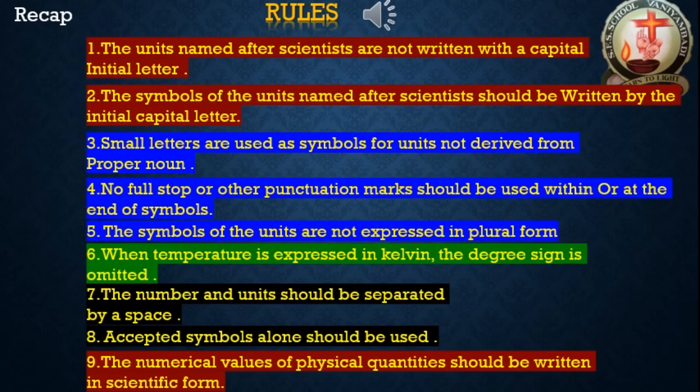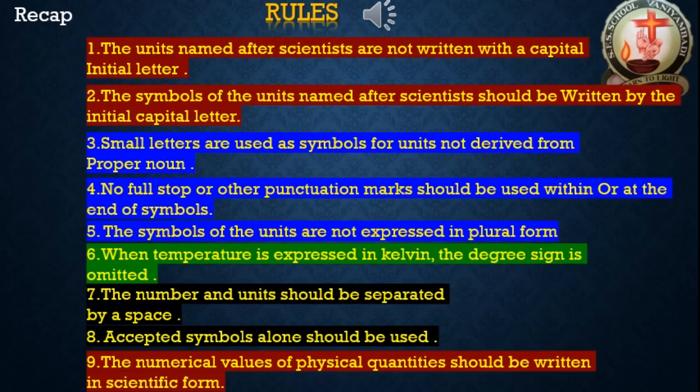Fourth one is no full stop or other punctuation marks should be used within or at the end of the symbols. Fifth point is the symbols of the units are not expressed in plural form. When temperature is expressed in Kelvin, the degree sign is omitted.